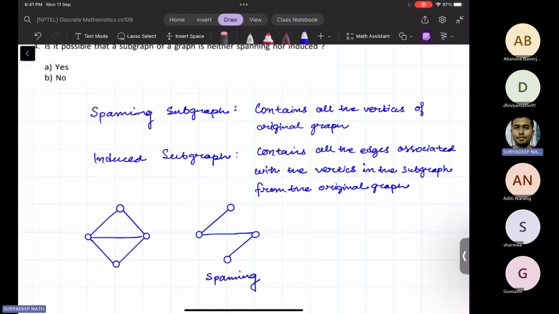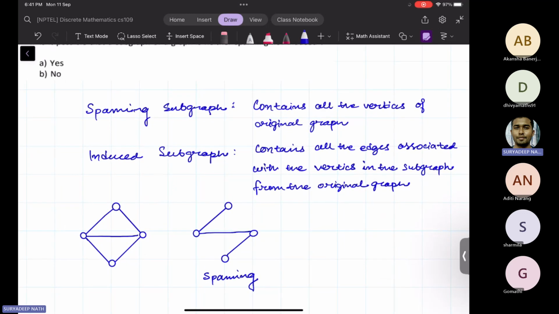And induced would basically be, you take 1 2 3, and put, so basically you take, I call it a b c d, and a b d. So this is induced.